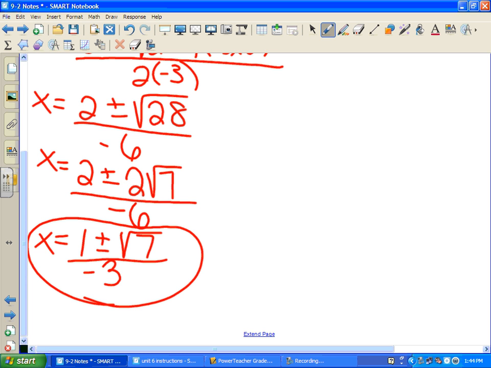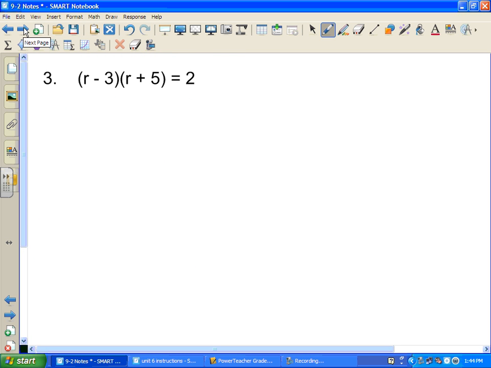Other questions? We're going to do another one kind of like that. R minus 3 times R plus 5 equals 2. Any guesses about what to do first? Foil. Yes.